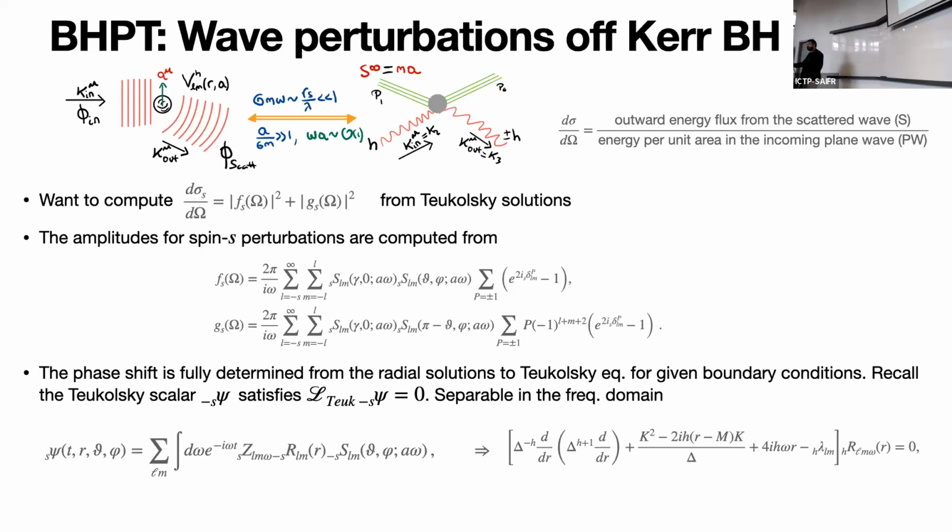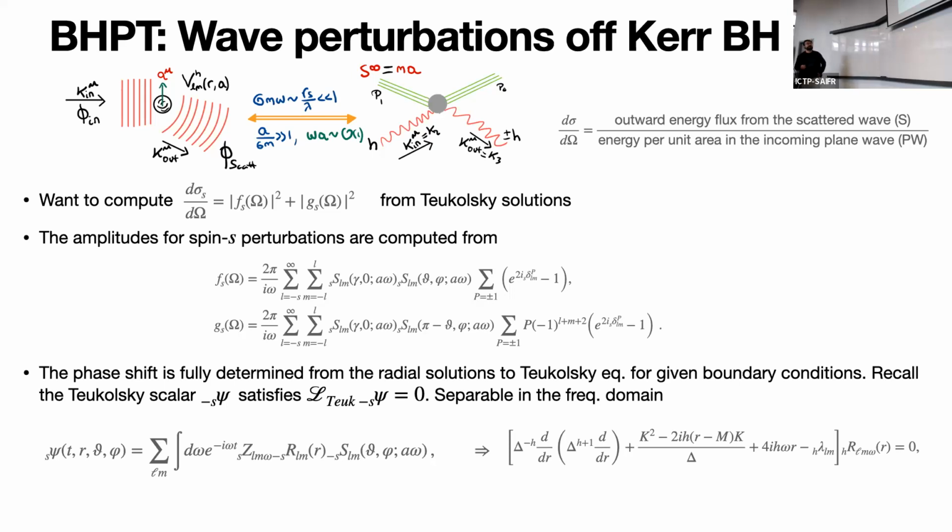So in the Teukolsky equation, how do you see the two contributions, the helicity preserving and helicity reversing? Well, they are just defined this way, right? So one is the sum, and the other one is this other sum with parity.